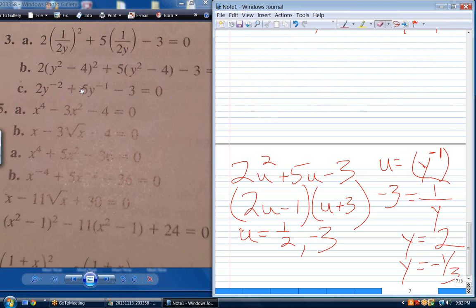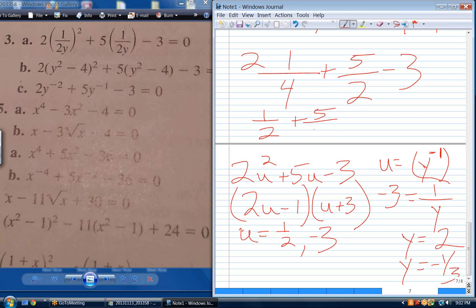If I go back to the original equation and plug in 2, I have 2 times 1 over 2 squared, which is 4, plus 5 over 2 minus 3. Is that equal to 0? Well, this is 1/2 plus 5 halves. That's 6 halves minus 3. That is equal to 0. So the 2 solution worked.